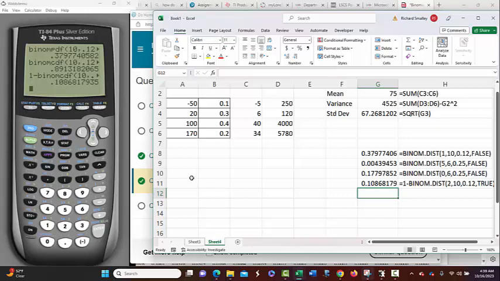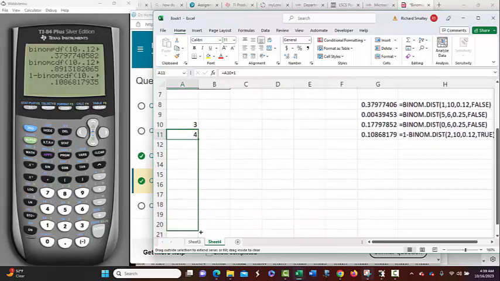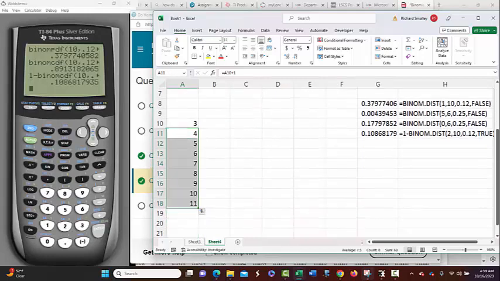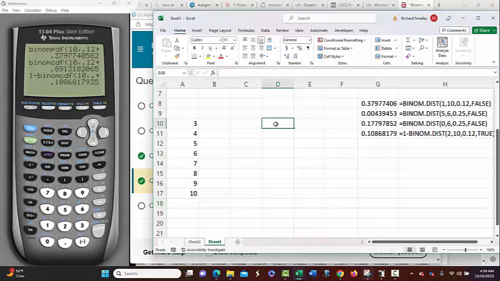We're going 3 through 10, so I'm going to put 3, and then I'm going to do equals A10 plus 1, and drag that down until I get to 10. Okay, sorry. We delete that row, or clear the cell, whatever. No formulas we're using it, so I wasn't worried about it.